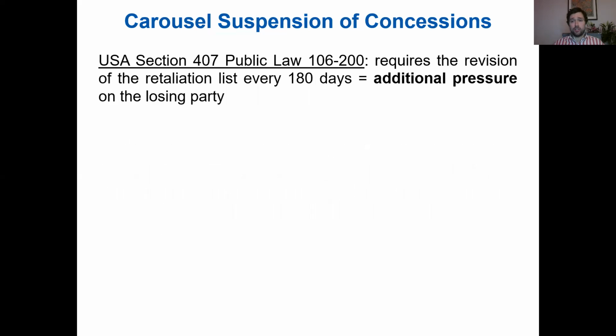There has been a very interesting case with respect to the so-called carousel suspension of concessions. That is the provision of the US law, according to which the list of products subject to retaliation has to change regularly, at least every 180 days. So why is it done?